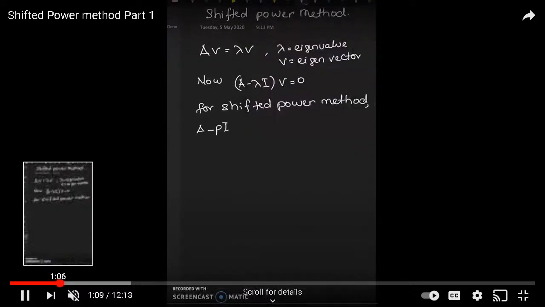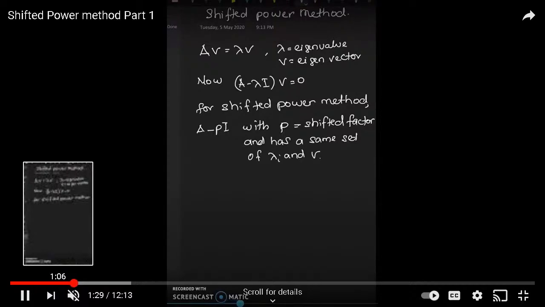So you can solve the dominant eigenvalue using the power method. But for the shifted power method, you get A minus PI, where P is a shift factor, and it has the same set of lambda and V.